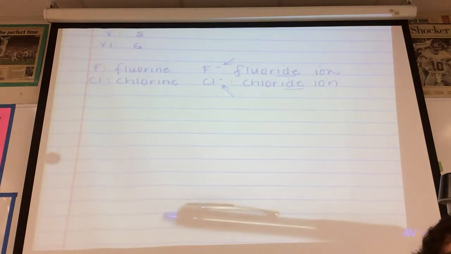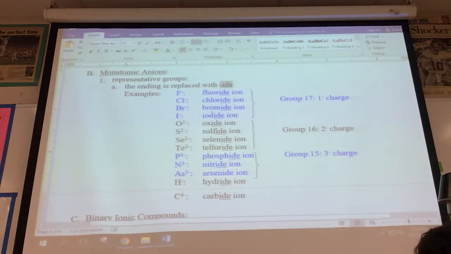How come? It gains 1 electron to complete the octet in the outermost shell. So you've got fluoride, chloride, bromide, and iodide ion from group 17 shown in blue. Those are the easiest to remember. Group 16 and 15 is a little tricky.